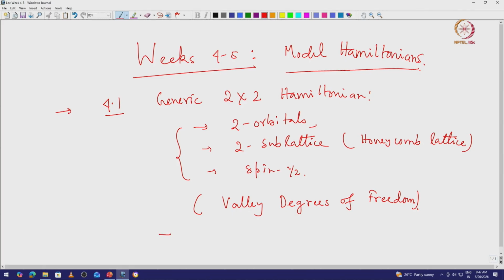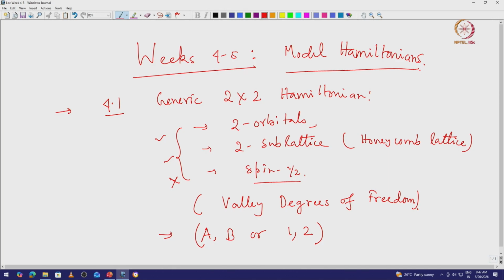Let us just call them A and B, or 1 and 2, which will cover any of them. To some essential physics it will be very similar, except some finite changes that we will do later.